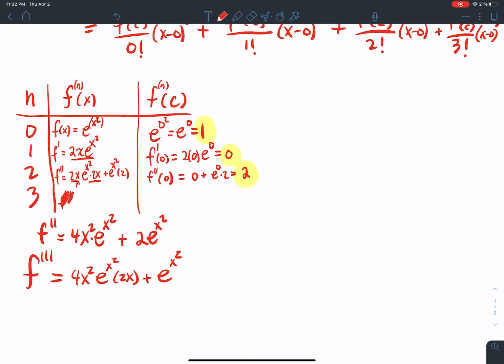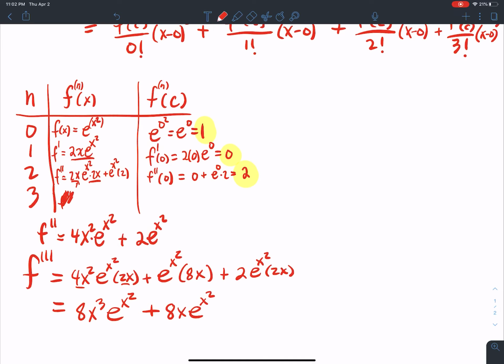That's 2 times 4 is 8x to the 1, right? And then the next one is just 2e to the x squared times 2x. Okay. Can I clean this up? 2x and 4x squared, that is 8x cubed e to the x squared, plus 8x e to the x squared. Okay.